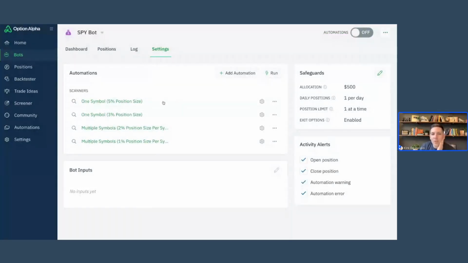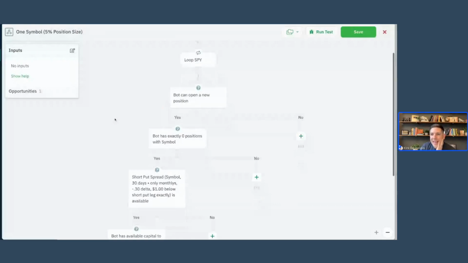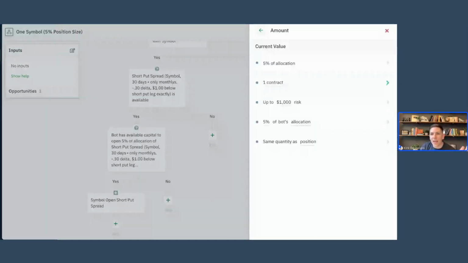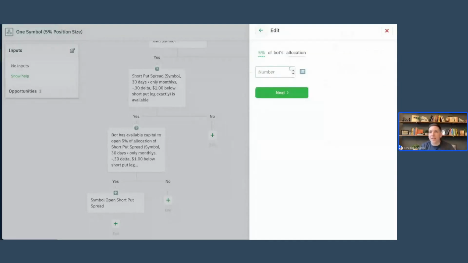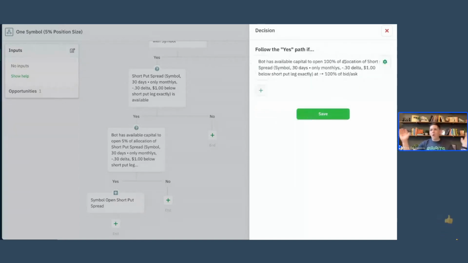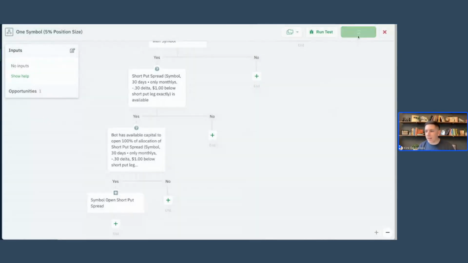This bot already has that 5%. So what you can do here, and I'll adjust this as we go, is you can say 100% of the bot's allocation, because it's already adjusted down to 5%. If you see somebody's automation using 100% of their allocation, it's probably because they're adjusting their bot's total allocation down.